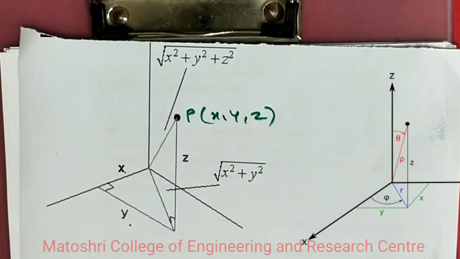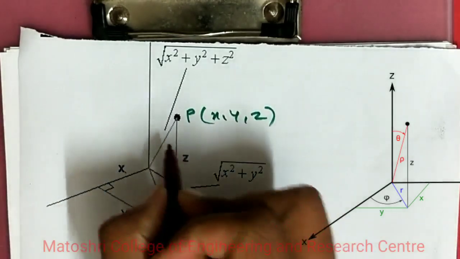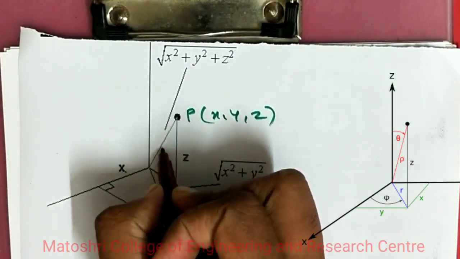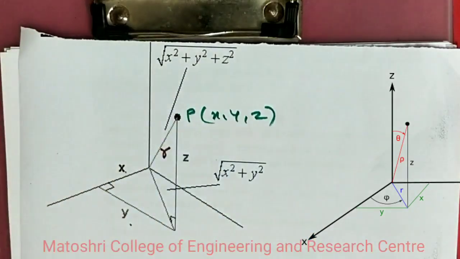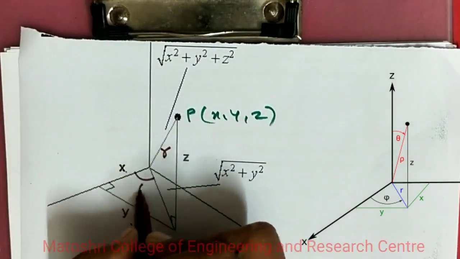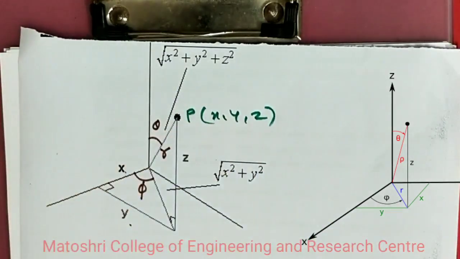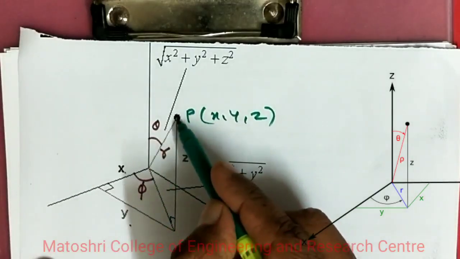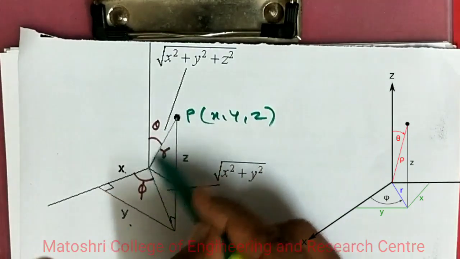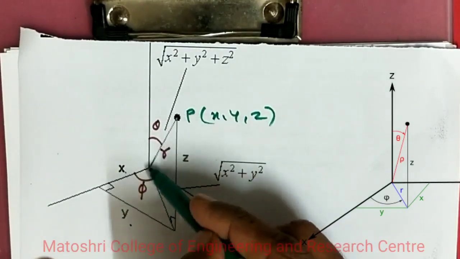where this r, theta and phi are located, this is the radius r, and this particular angle is phi and this particular angle is theta. Now by using this figure, this is nothing but the diagonal element.